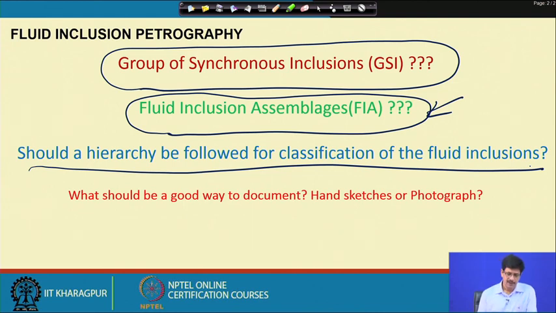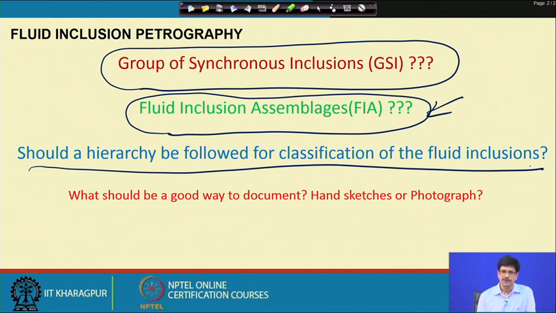Another point during fluid inclusion petrography which should be remembered: aqueous biphase inclusions occur both as primary, that means as part of the random three-dimensional network, and also as trail bound. It may not be a good practice to say that type 1 is primary and type 2 is secondary. It should be avoided.